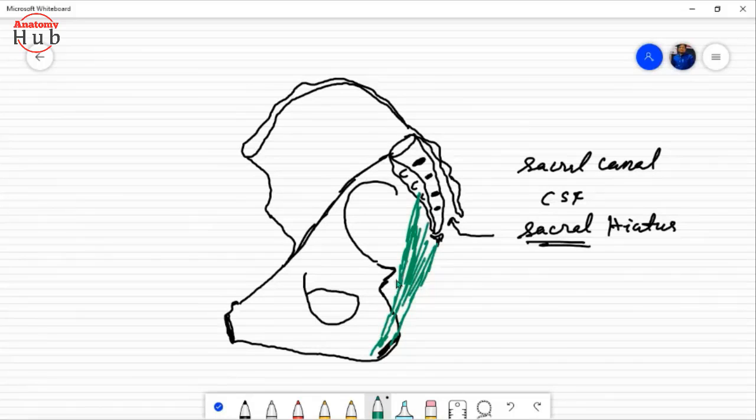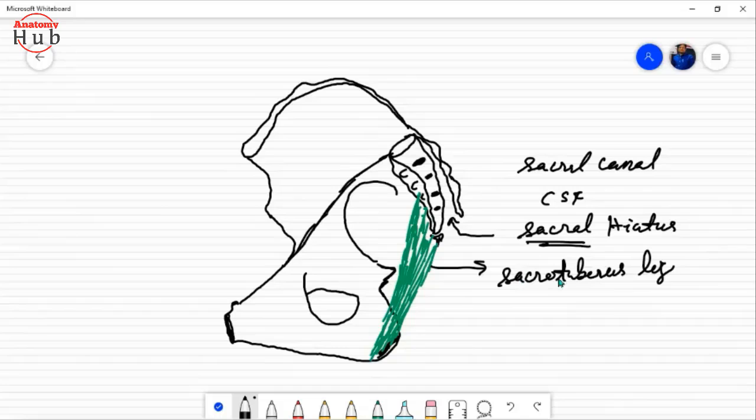This ligament will be known as your sacrotuberous ligament. Here you can observe that this sacrotuberous ligament is dividing the greater sciatic notch and the lesser sciatic notch. It is converting this notch into foramen.